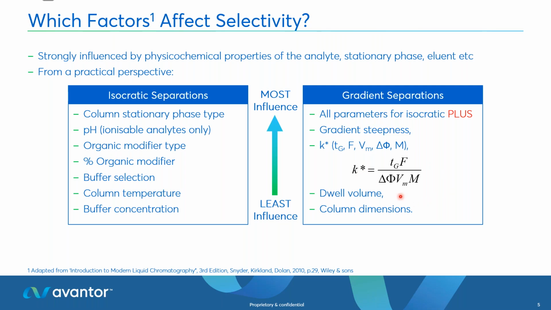There's also the instrument dwell volume and the column dimensions, because they impact that column volume. So we're going to touch on a few of these today. I don't have so much time to go into the columns, but we will revisit that next time. I'm going to talk more today about the mobile phase choices and one slide on temperature as well.